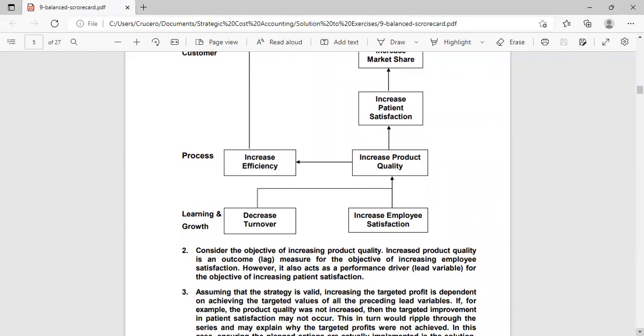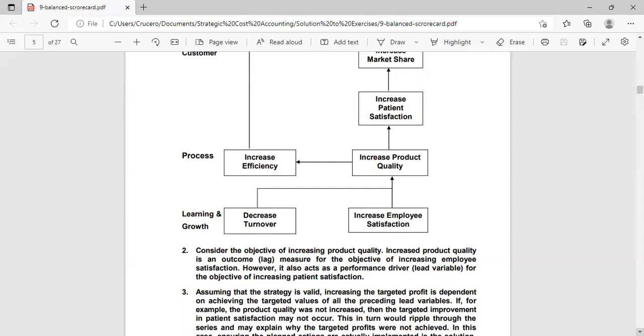And requirement 2: explain how a performance measure can act as both a lag variable and a lead variable. Consider the objective of increasing product quality. Increased product quality is an outcome, or a lag measure, for the objective of increasing employee satisfaction.